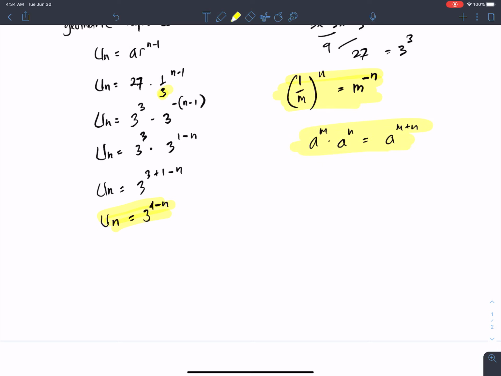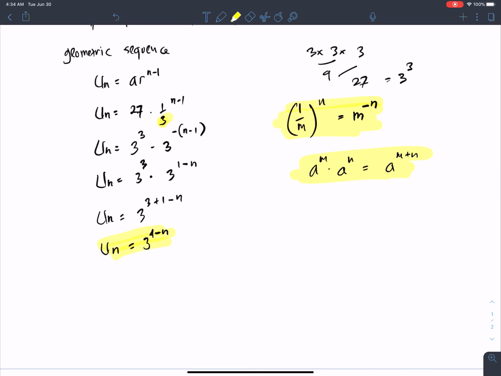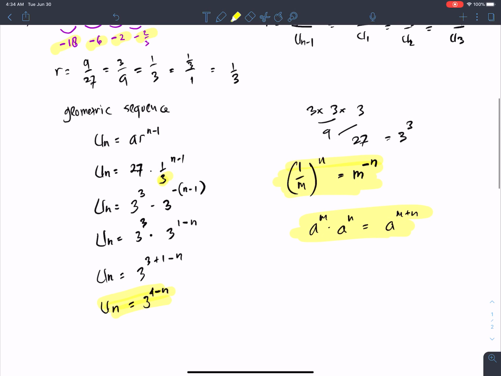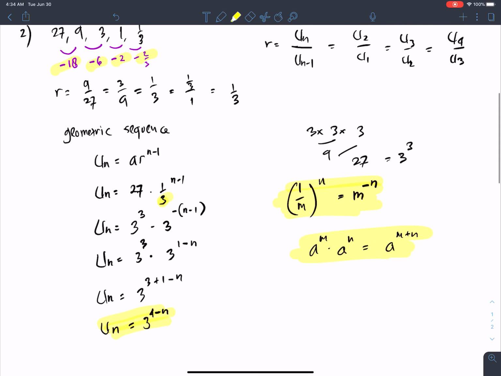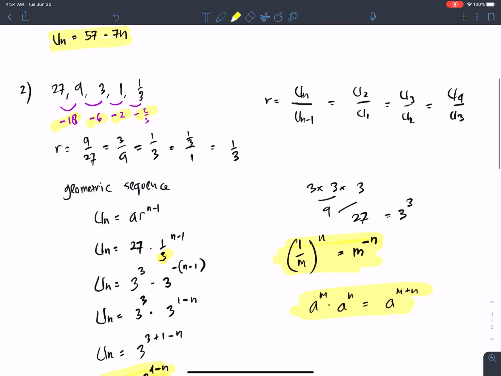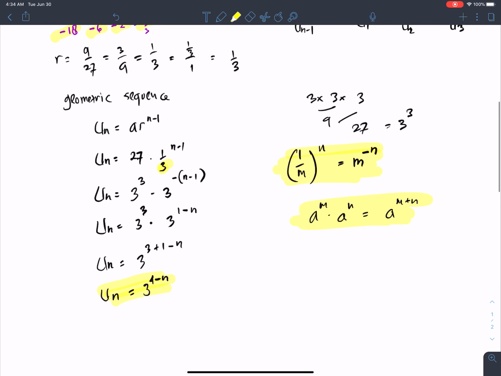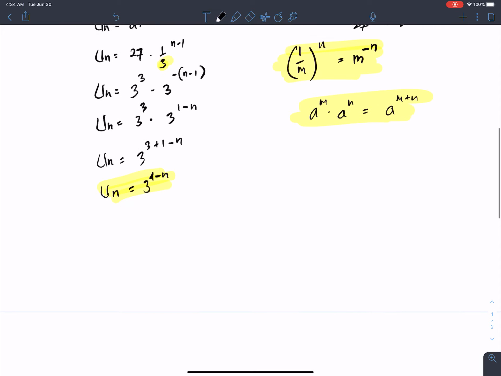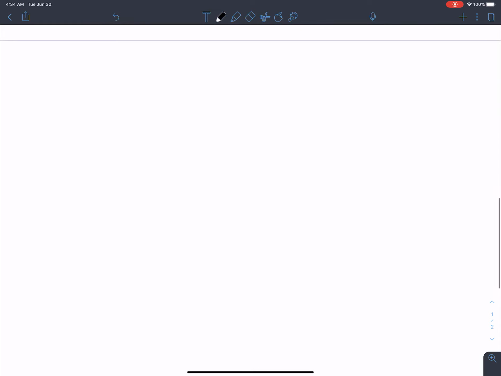So please be careful and make sure you know exactly the rules of exponentials, because when we do geometric sequences especially, there will be many of these rules in exponentials that we need to understand. Alright, so that's for number 1 and number 2. The next one, we look at number 3.